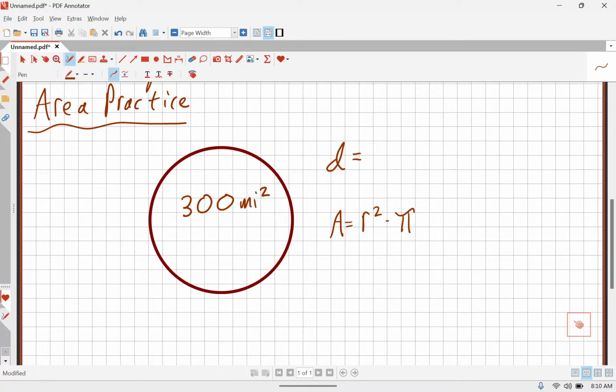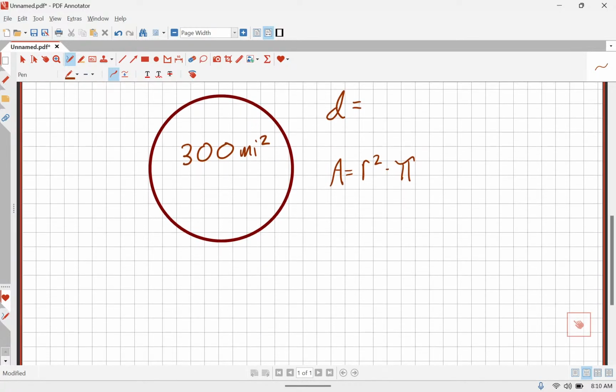All right. Can I get you guys in 5, 4, 3, 2, 1? Shh. Sadie, how on earth do you think we're going to do something like this? Yeah, because if 300 equals r squared times pi, pi is just a number.